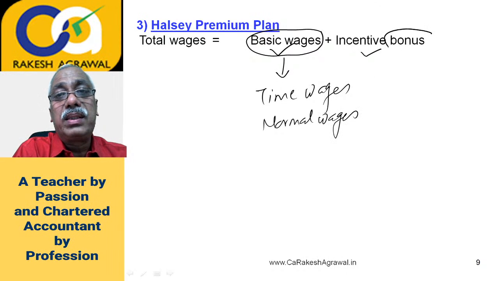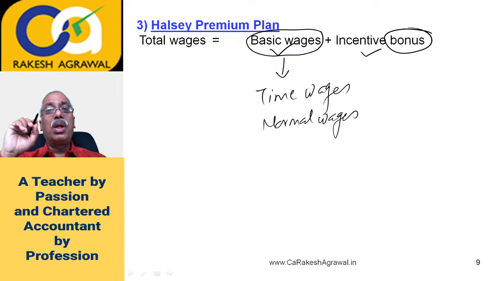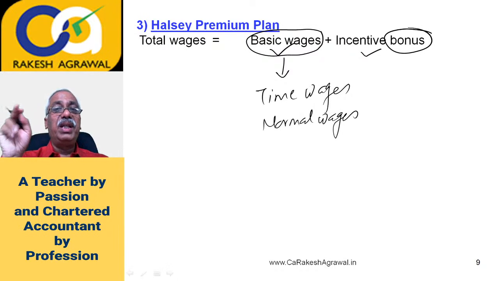And the calculation of bonus or incentives depends upon the efficiency of the worker. A worker who is efficient will get the bonus. A worker who is inefficient will not get the bonus. So bonus may be positive or bonus could be zero. Bonus will never be negative, please remember.